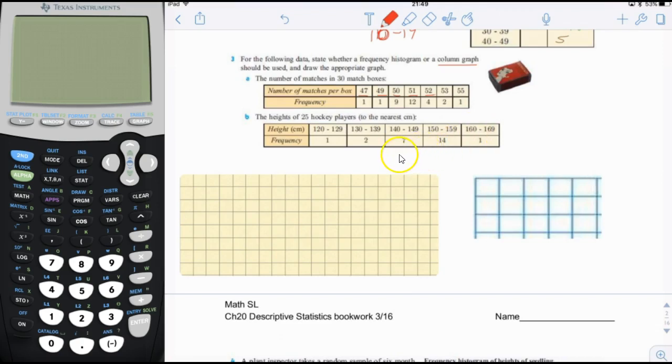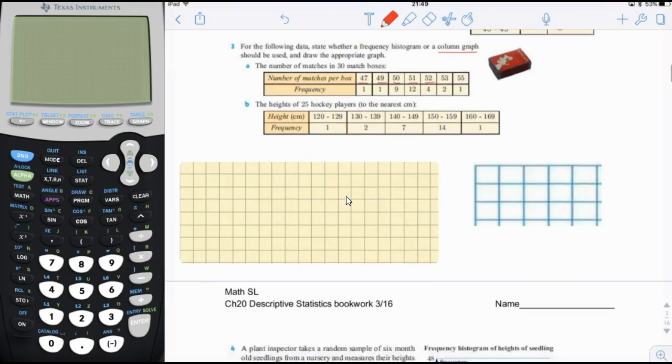So let's draw the x-axis for each one. So for the first one, we're going to have something like this. Each one of these space intervals here is going to be a number. So let's start with 47. Let's zoom in a little bit.